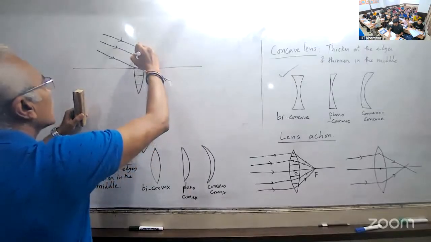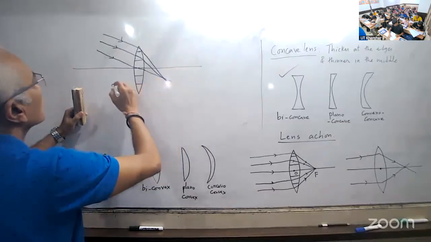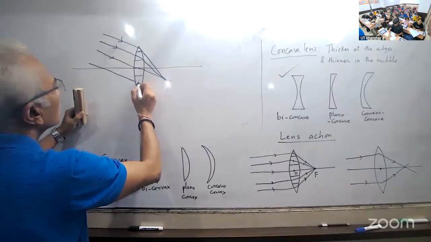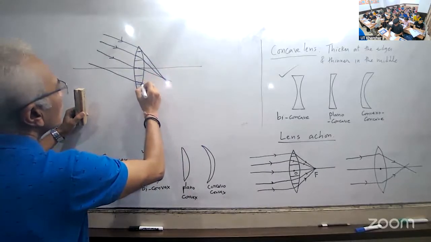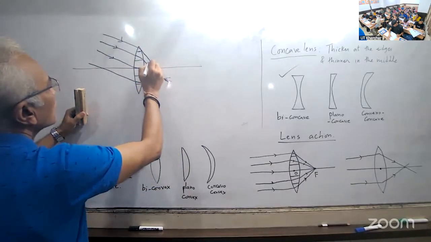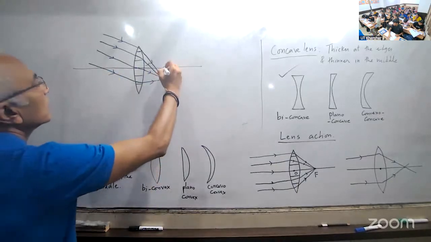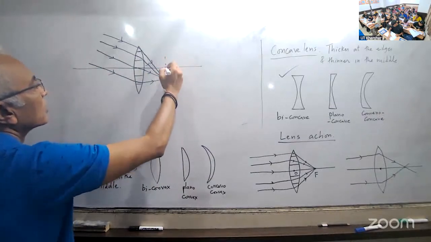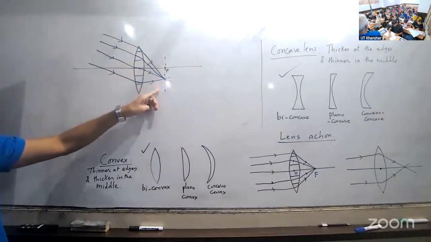And any ray coming at the bottom will bend towards the prism base. Again, bend like this. So when the ray is not parallel, you will see that it will be in the focal plane. So it will not be at the focus, somewhere in the focal plane.